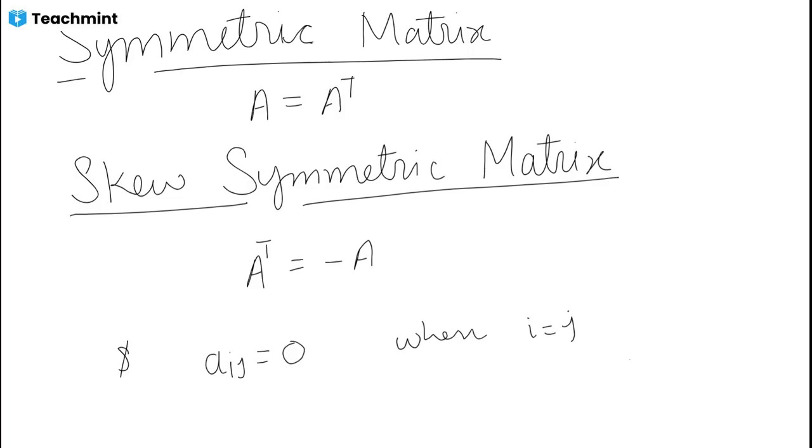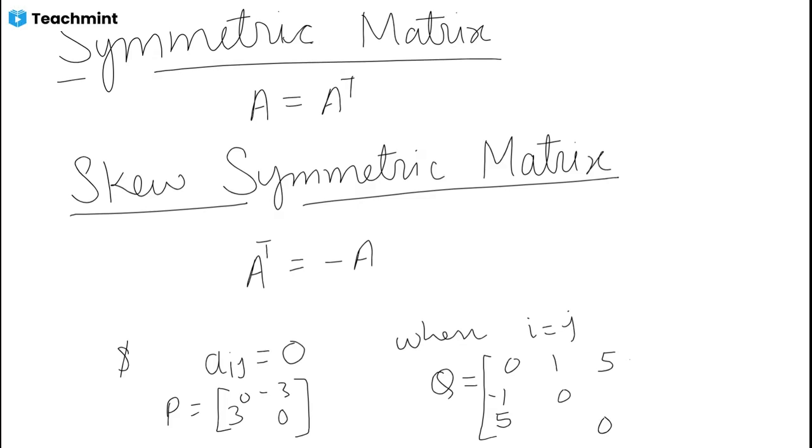So let us take a few examples. We take a matrix P having elements 3, minus 3 and another 0. Similarly, we can take an example of 3 by 3, taking all diagonal elements 0, with minus 1, 5 and 1, 5, 2 and minus 2.